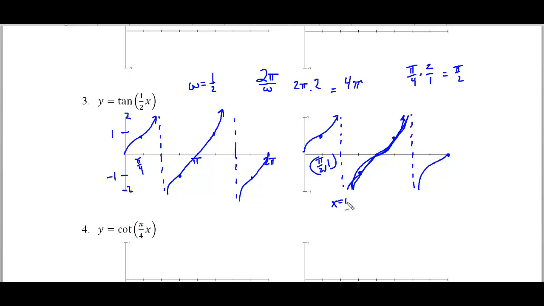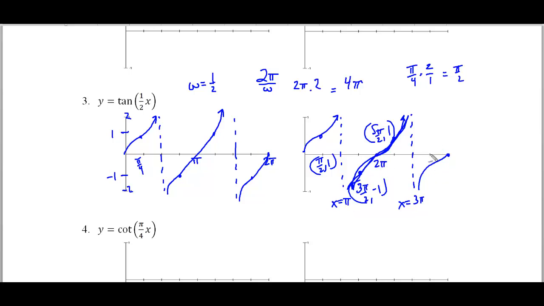This is x equals pi. That's the asymptote line. Then, again, we're traveling in half units here, so this is pi over 2, 2 pi over 2, 3 pi over 2 comma -1, 4 pi over 2, this is 2 pi, and then 5 pi over 2 is here, comma 1. 6 pi over 2, this is going to be x equals 3 pi here, so this is pi, 2 pi, 3 pi.